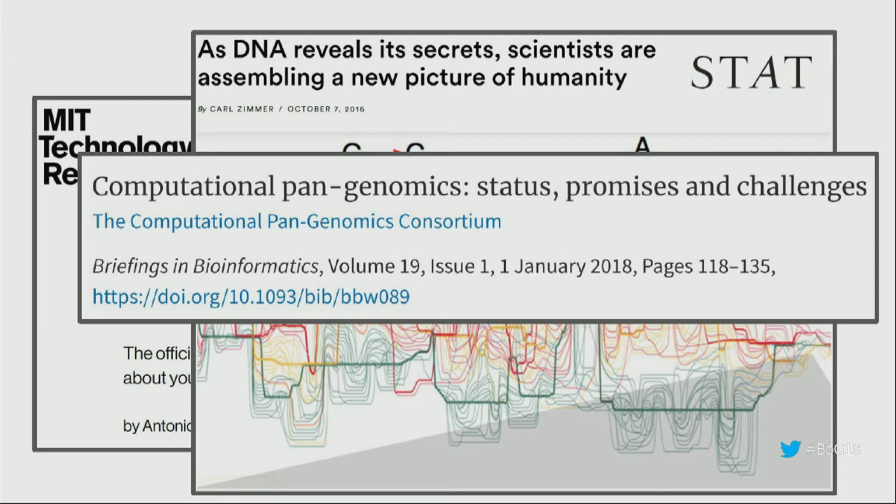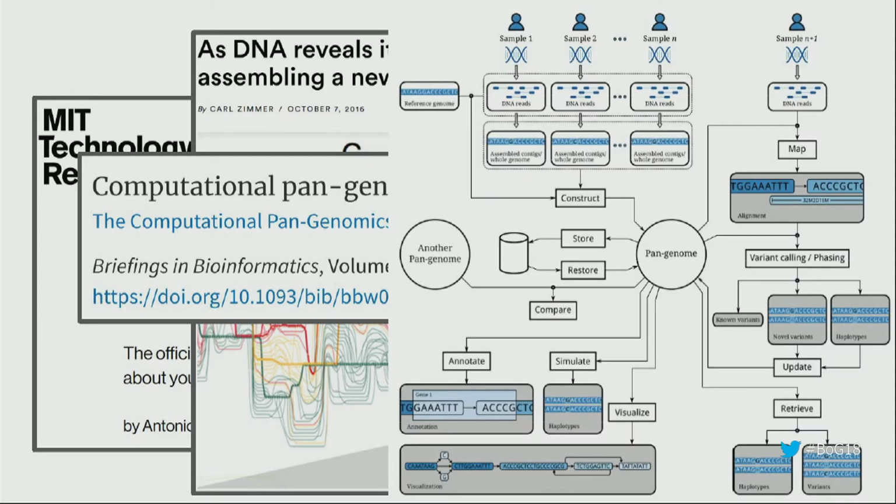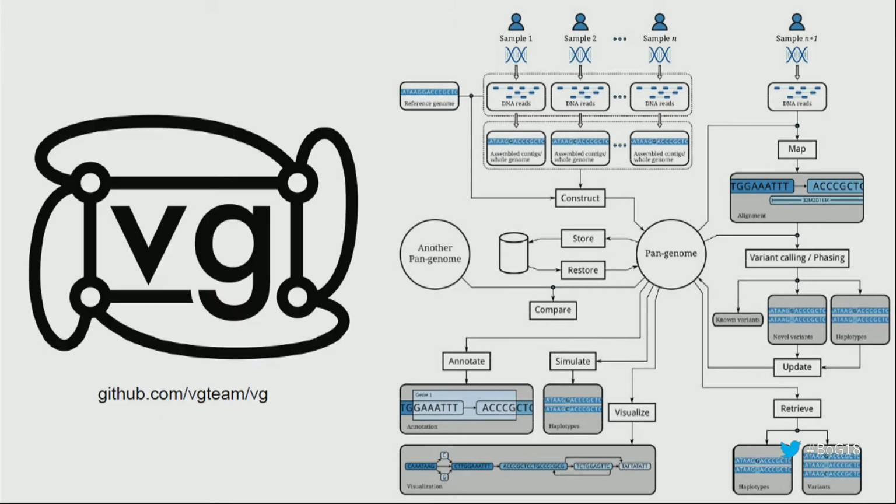And then in response to this, they presented a schematic of all the operations you need in order to do pan-genomics in this new sense. We, in the past 4 years, have developed a toolkit that implements all of these operations. So you need to get data into this kind of system, so we can construct these graphical objects from existing data, like VCF files or multiple sequence alignments, assembly graphs.